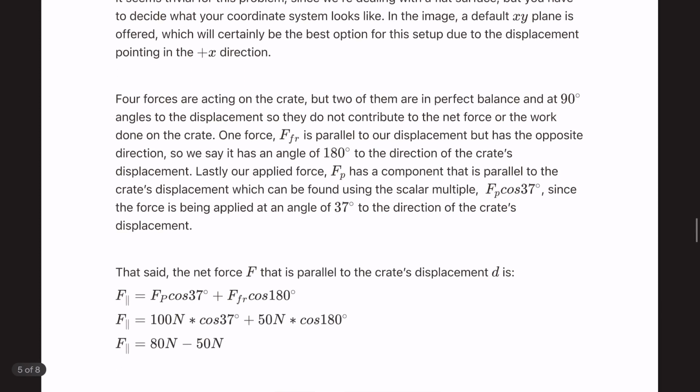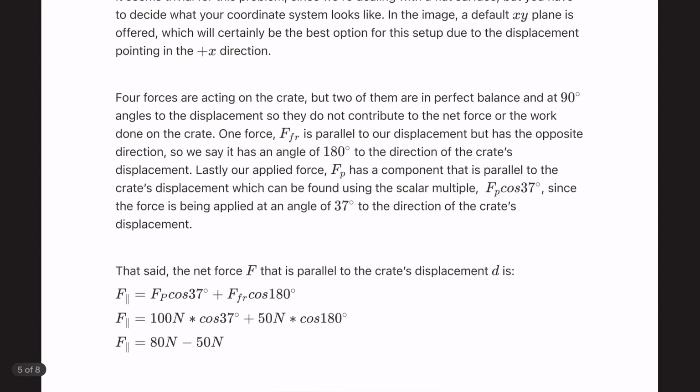That said, the net force F that is parallel to the crate's displacement would then just be Fp, the applied force, times cosine 37, because that is the component that is parallel to the displacement, plus the force of friction times cosine 180 degrees. Because if we're considering the positive x-axis, the force of friction is at a 180 degree angle to that displacement. So we take the sum of these 2 forces.